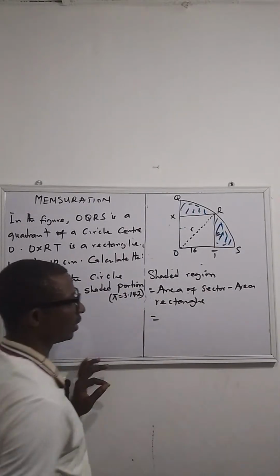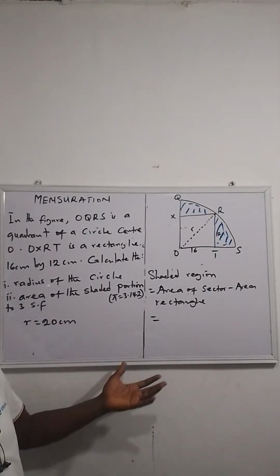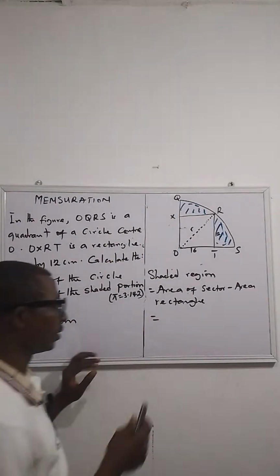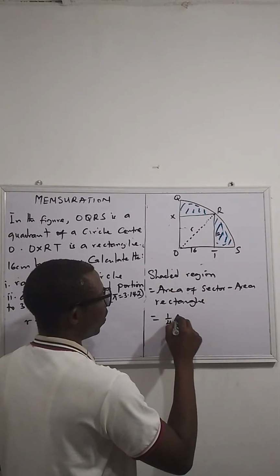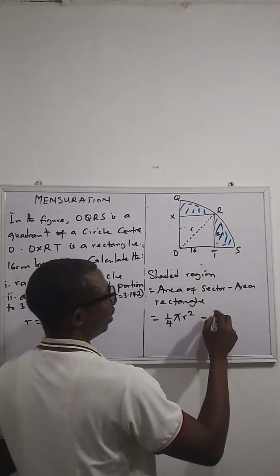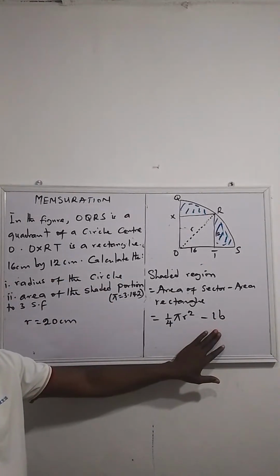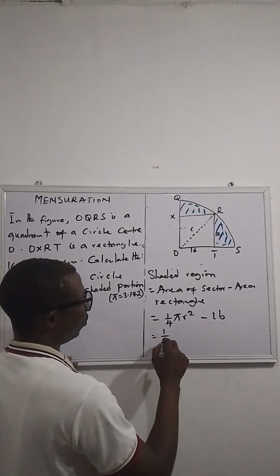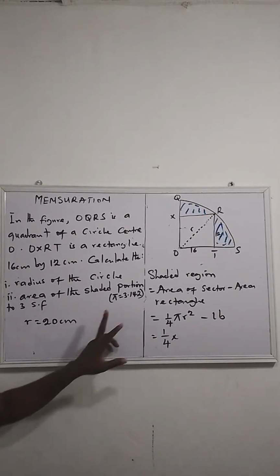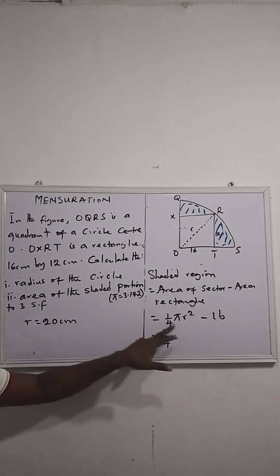So how do we do that now? Area of sector. I don't need to rack my brain on the formula for the area of a sector. Since this one is 1/4 of the whole circle, I can just write 1/4 pi r squared. That is all the area. Then you take away the area of the rectangle, that's length times breadth. So this is the formula we are using. Now we have 1/4 times pi. This time around we are given 3.142, so you must not use 22/7.